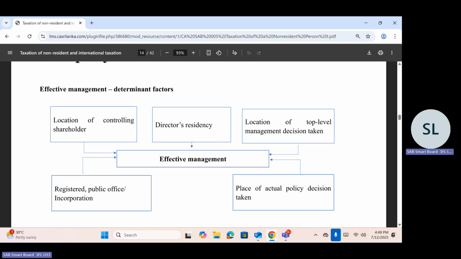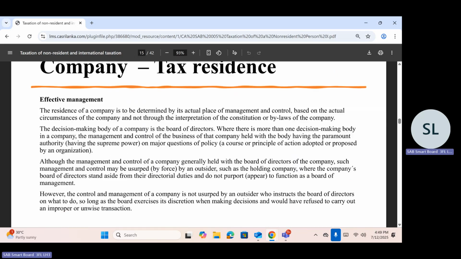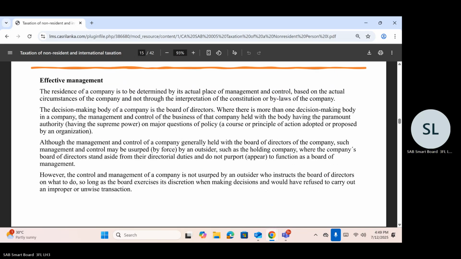The reason is that for some companies it is very difficult to find out which country they are incorporated in, or where the shareholders reside, or where the senior management decisions are taken. So it says actual management place, where the control and strategic decisions are made, where the board is located, where the meetings are happening. Right, because in the board meeting they take the decisions.